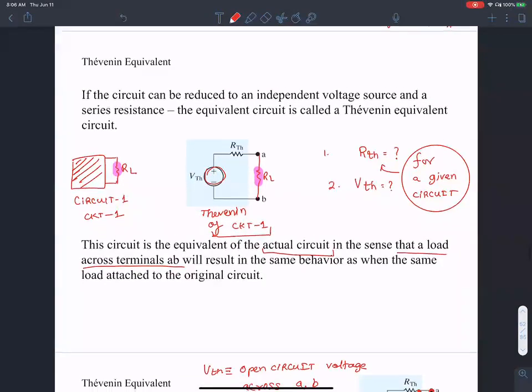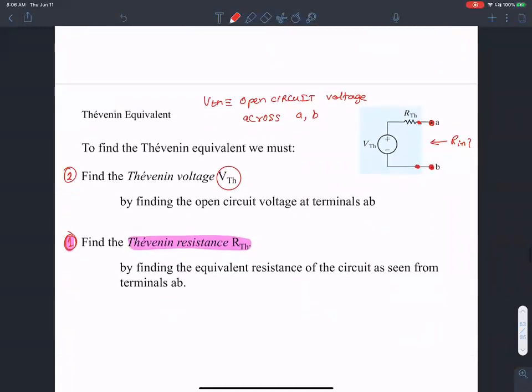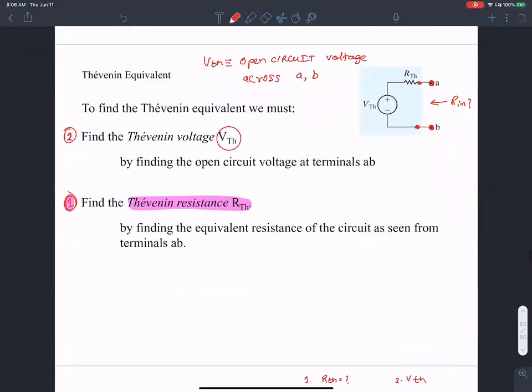Now, how do we find the Thevenin equivalent? There are two steps. The Thevenin equivalent is a voltage source in series with a resistance, so there are two things we have to find. We have to find the Thevenin's resistance first.